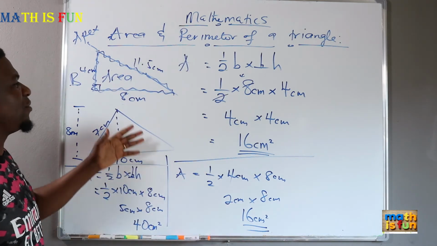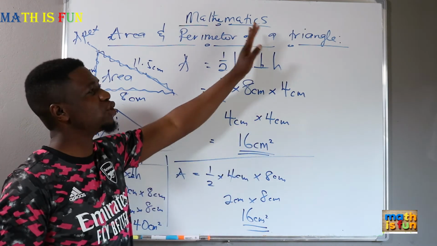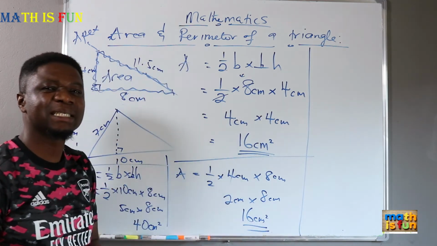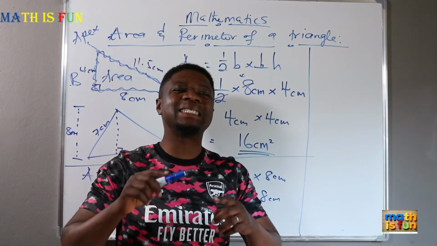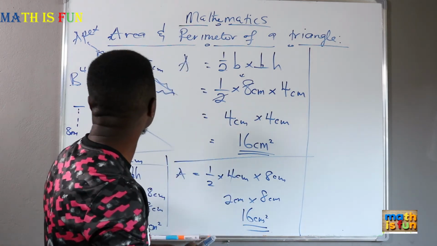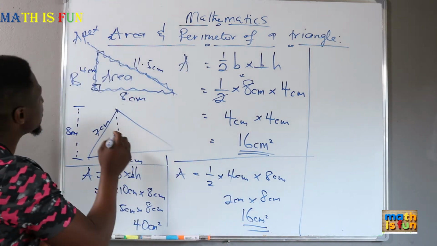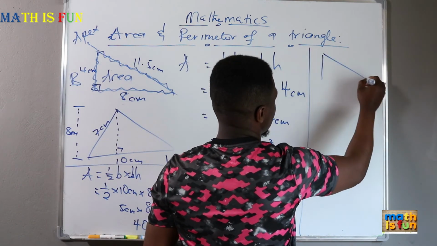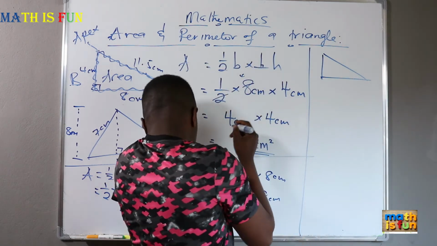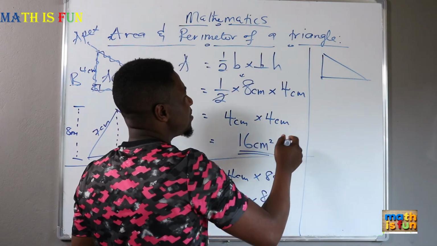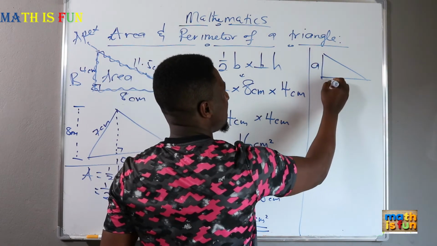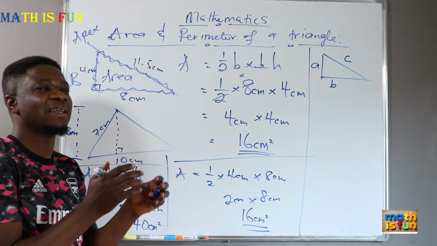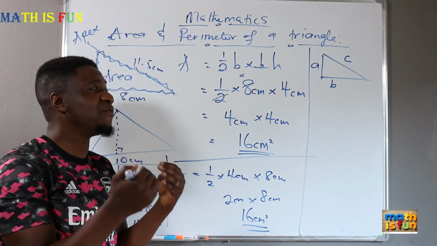Our next thing is, we've been solving area. What of perimeter? Perimeter will be our next topic. As it is defined, perimeter is the distance around an object, a shape. So if I'm given this particular shape, let me say this is a triangle, I'll label the sides A, B, C. That is the formula that I want us to use to find the perimeter.